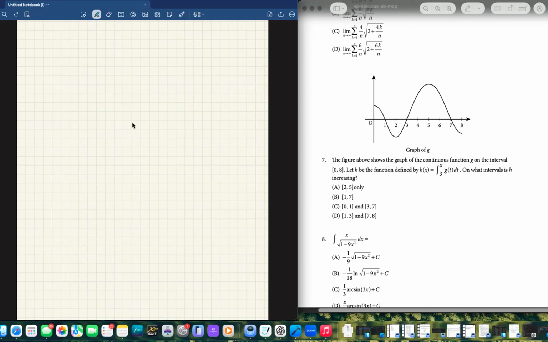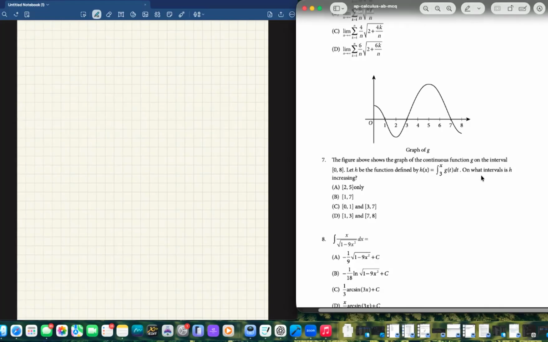So this 3 here is a red herring. That doesn't matter because you're only going to look at g being the derivative of h. So you simply look at the graph of g, and wherever it's above the x-axis, that's where h is increasing. So h is increasing from 0 to 1 and from 3 to 7. So C is the correct answer on that one.